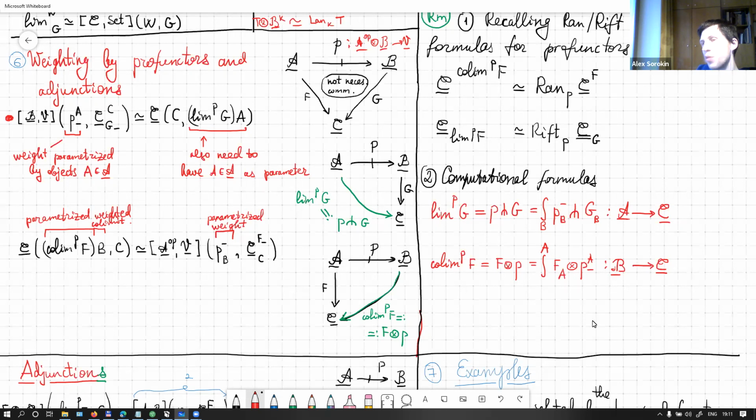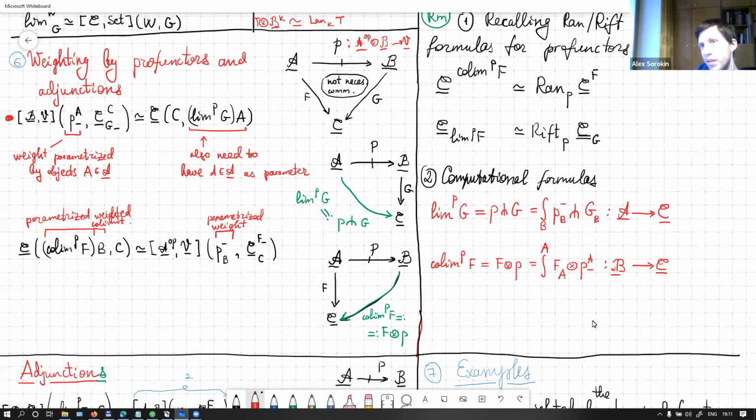I will write this formula for a weighted limit, where the weight is a value of a profunctor when an object A from category A is put inside it. So our profunctor becomes a functor from category B to category V, because A is already substituted in the formula.